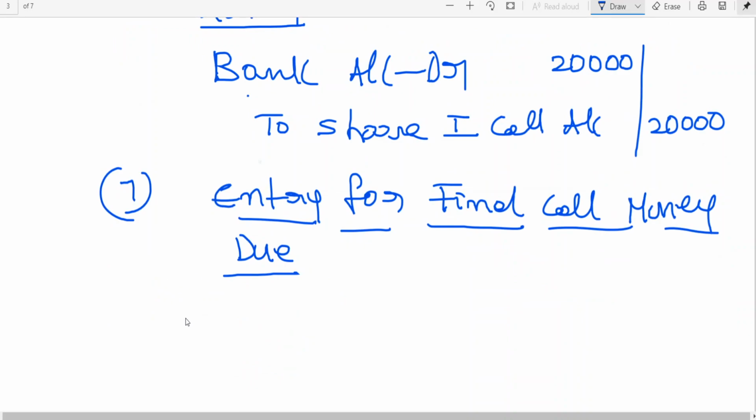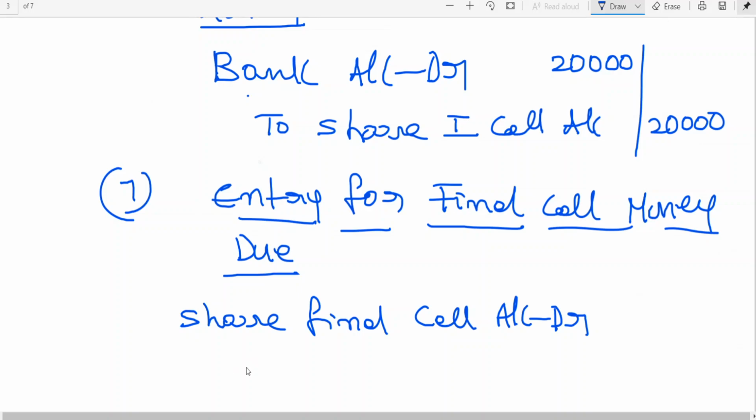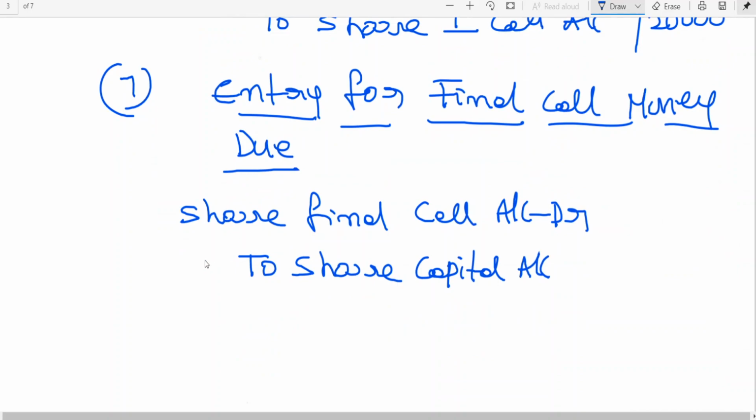Share final call account debtor to share capital account. 10,000 shares into 3 rupees.